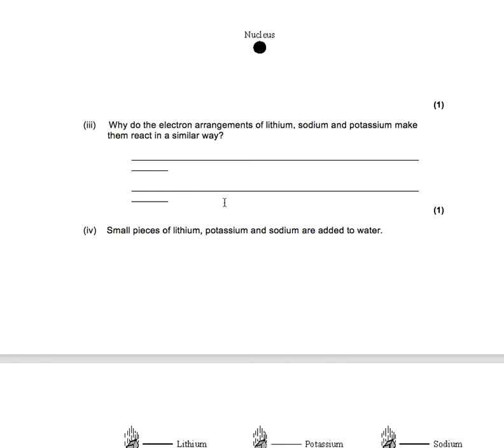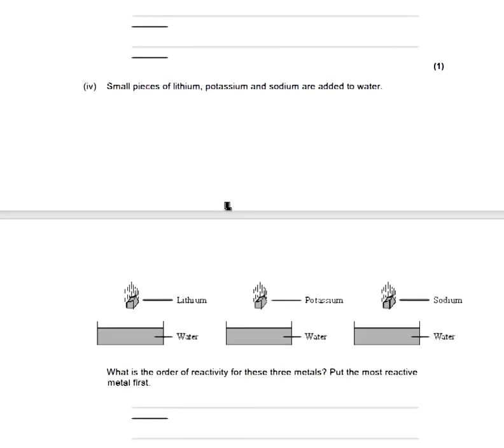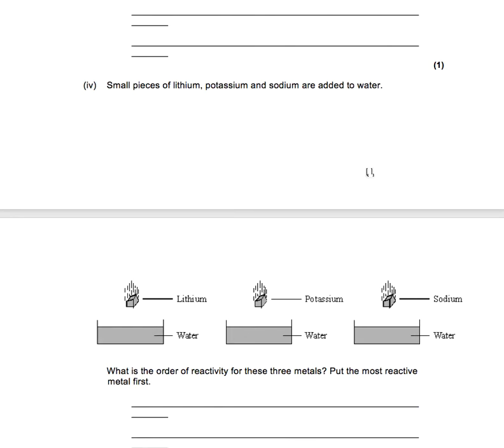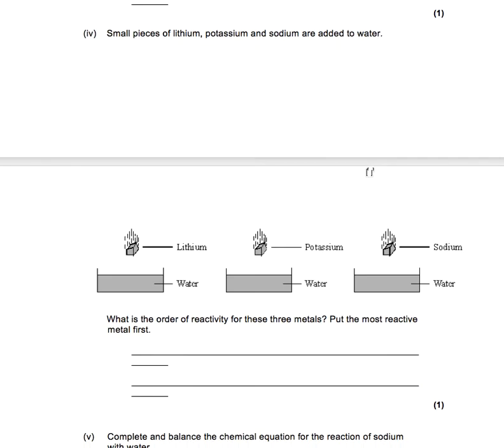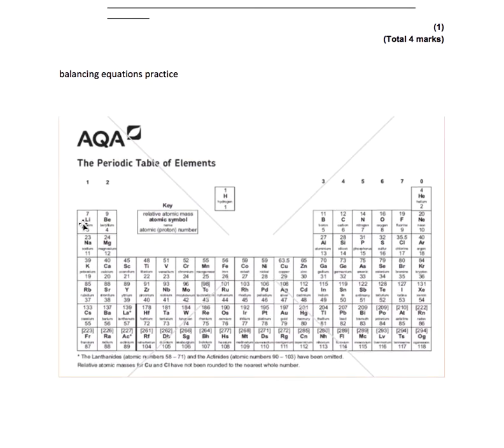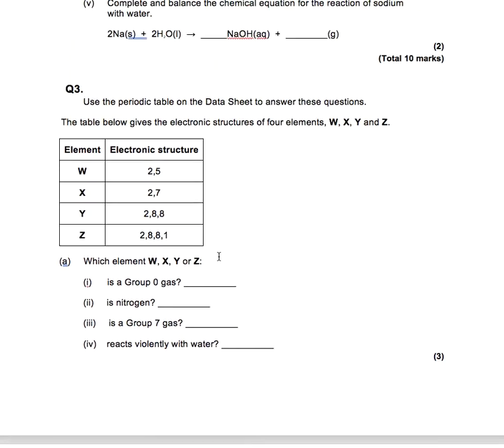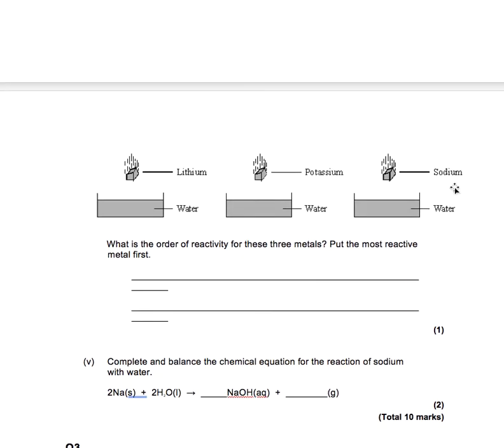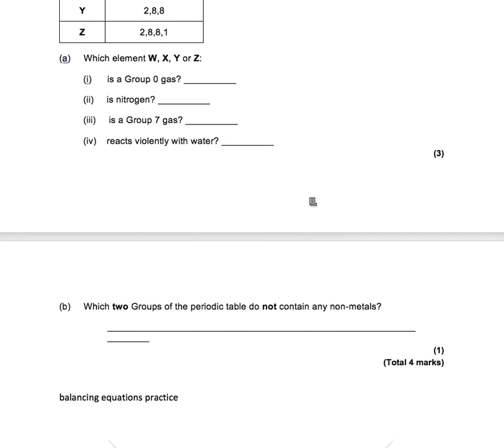Why do the electron arrangements of lithium, sodium, and potassium make them react in a similar way? They all have 1 electron in the outer shell. Small pieces of lithium, potassium, and sodium are added to water. Remember which way the reactivity goes. If we look at the table, lithium, sodium, potassium, reactivity is increasing as you go from lithium to potassium.